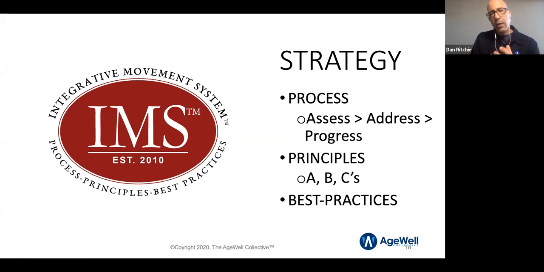And it's also based upon best practices, meaning we integrate the best practices from multiple fields, the myofascial field, the chiropractic field, the physical therapy field, the strength and conditioning field, the performance enhancement field, so that we take the best of what people are doing and bring it together. We're not trying to reinvent the wheel, so to speak.